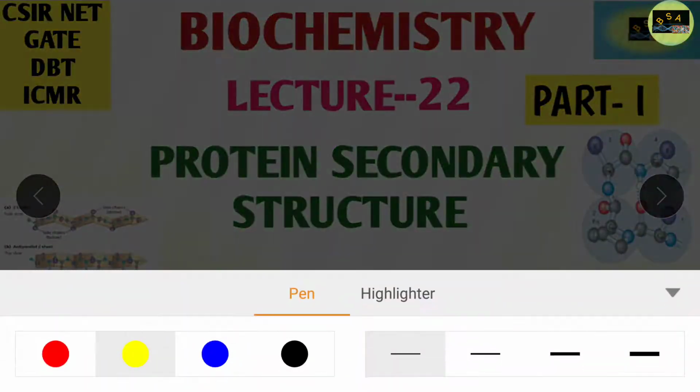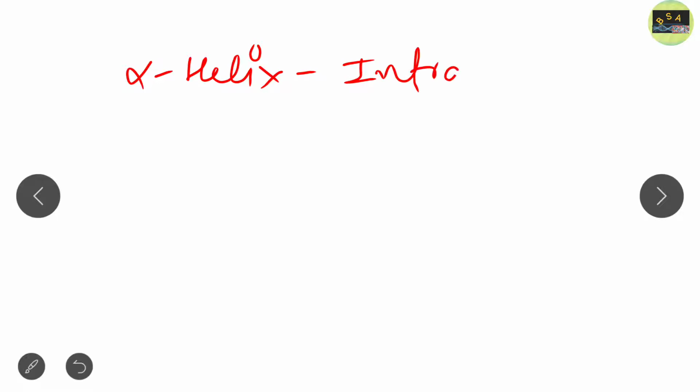So if we look at the difference between alpha helix and beta sheet, just note it down because this is important from an examination point of view. In case of alpha helix, the hydrogen bond that is formed is basically an intrachain hydrogen bond.